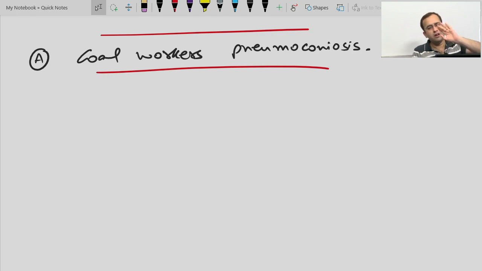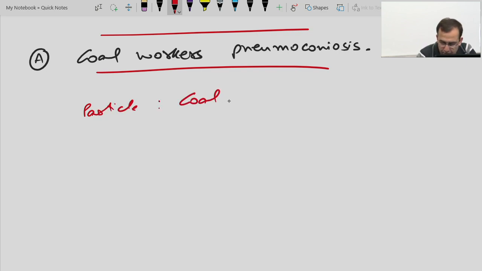The particle responsible is coal, obviously. The occupation it is associated with is coal mining.